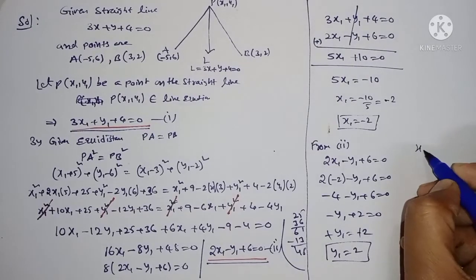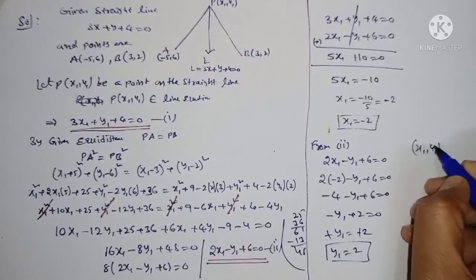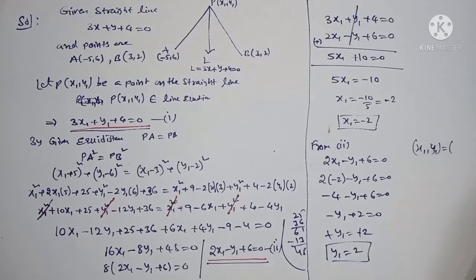Therefore x1 comma y1 is equal to minus 2 comma 2. This is the intersection point of the given equations.